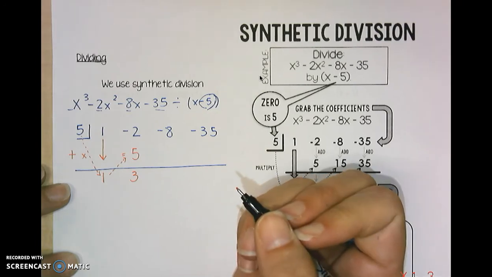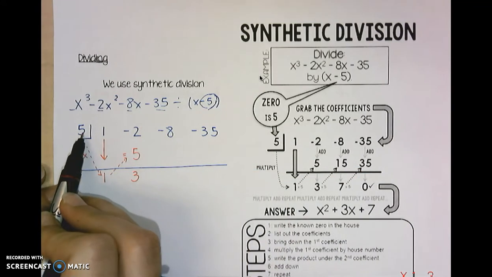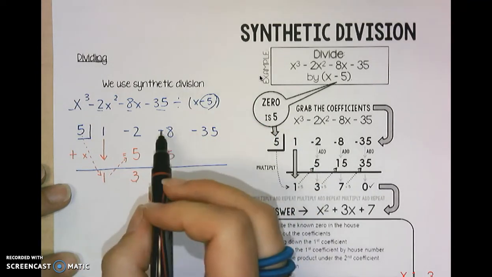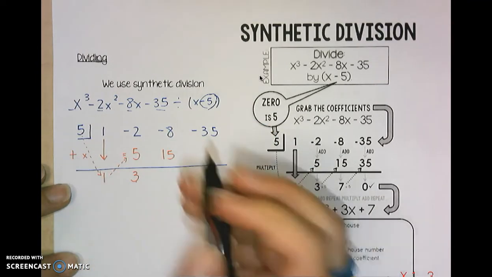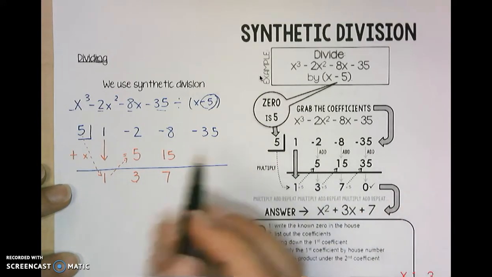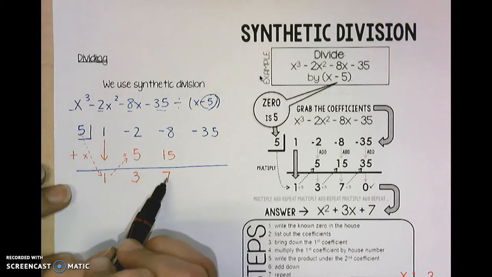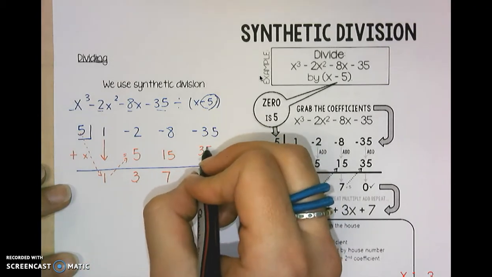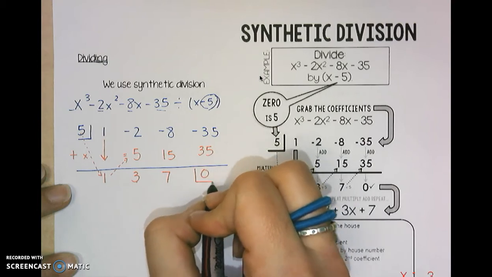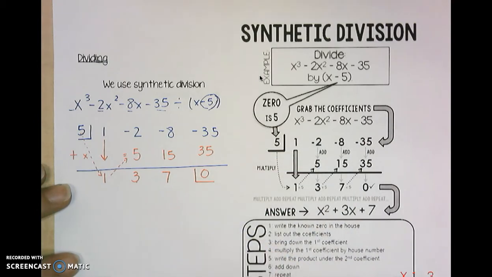Now I start the pattern all over again. 5 times 3 is 15. Negative 8 plus 15 gives me 7. Go back and do it again. 5 times 7 is 35. Negative 35 plus 35 is 0. We always put the last number in a little house as well.